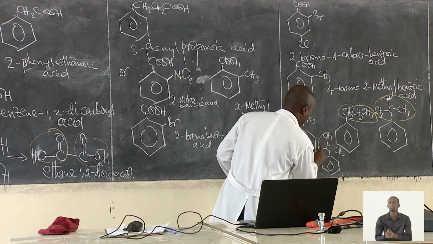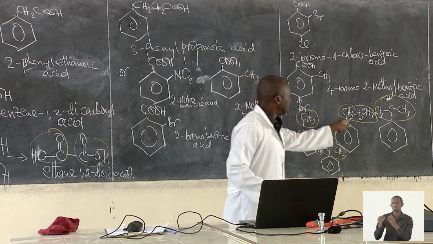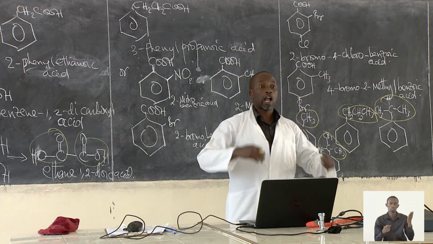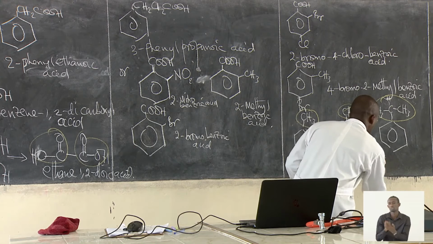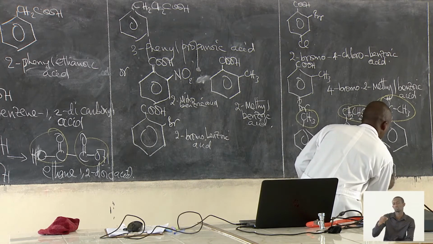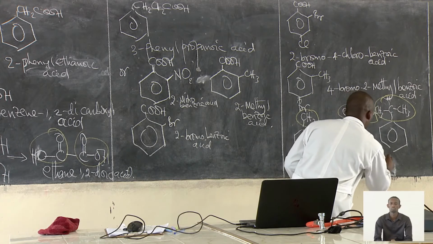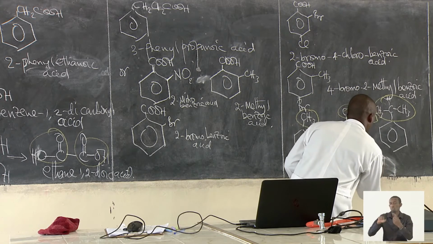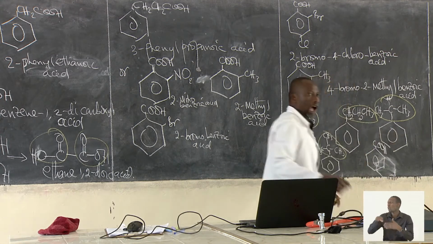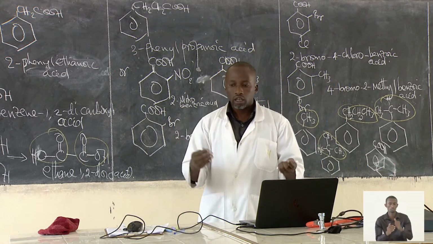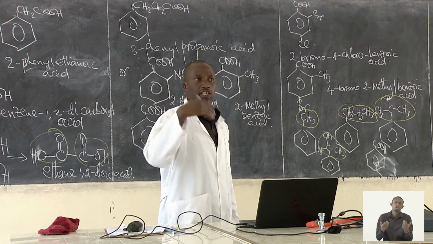This is another alkyl group, and this one, and this one can all be oxidized to benzoic acid, under favorable conditions and with the oxidizing agents that can be used.